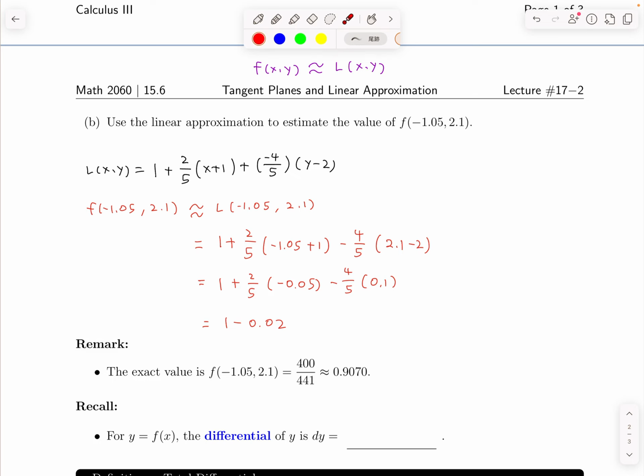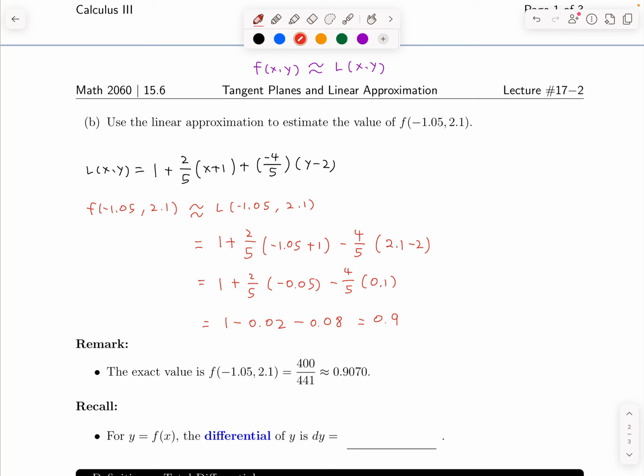Okay, so that's better. And then we have minus, if you divide 0.1 by 5, that should be 0.02, and 0.02 multiplied by 4, 0.08. So we have 1 minus 0.02 minus 0.08. So that should be 0.9. So approximately, f of negative 1.05 comma 2.1 is 0.9.